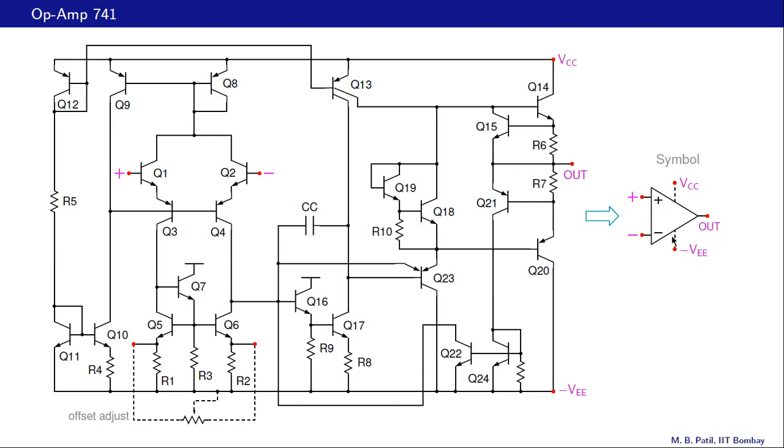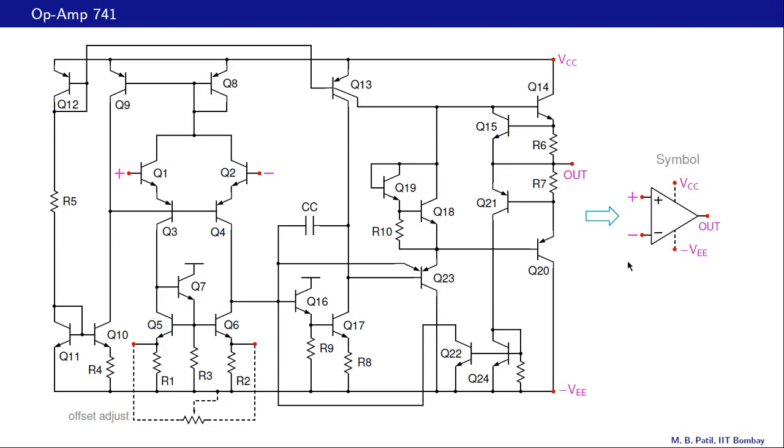And those power supply inputs are also shown in this symbol as well. Note that there is no separate ground pin for this circuit, and we will comment on that in the next slide.